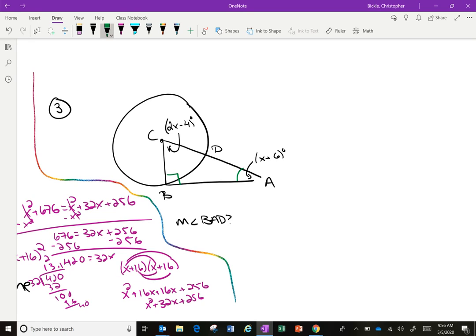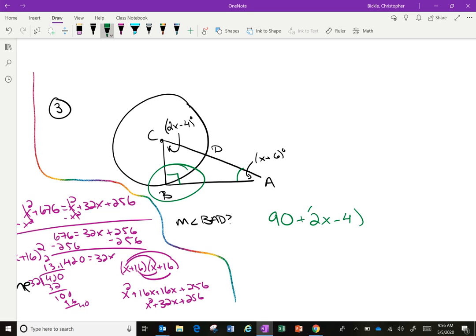So to go through and solve this one, we know this is a right angle, right? So I know that one has to be 90. You guys also know something about the 3 angles in a triangle. 3 angles in a triangle have to add to 180 degrees. So this first angle plus the second angle plus the third angle has to equal 180.